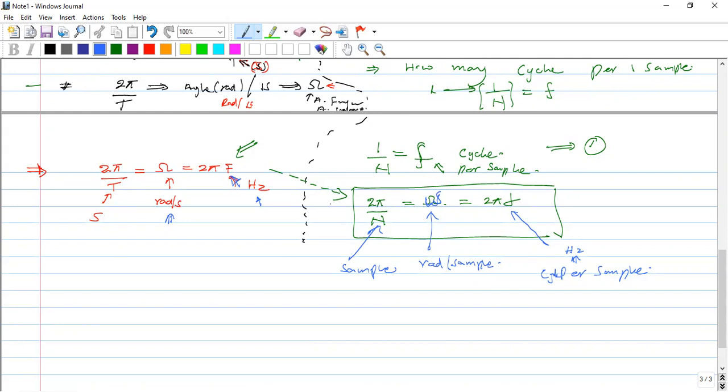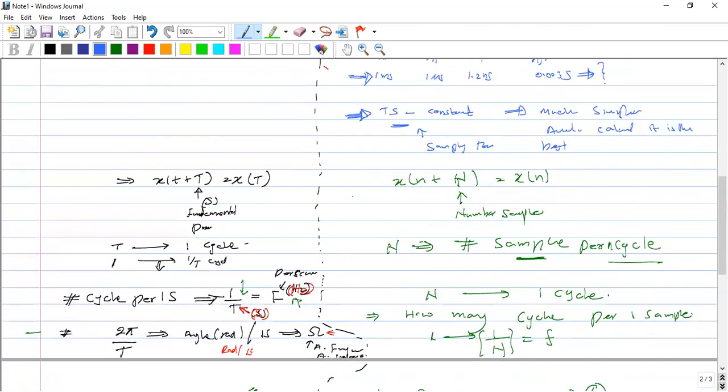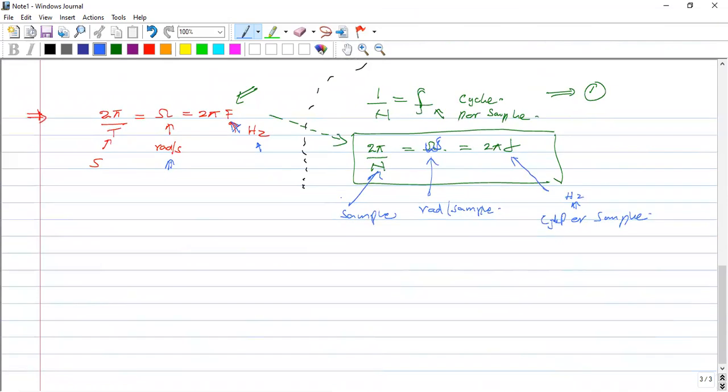So this is the property we have learned. After that, we have learned a very important property that is unique to the discrete time signal. It is not in the continuous time signal. What is that?